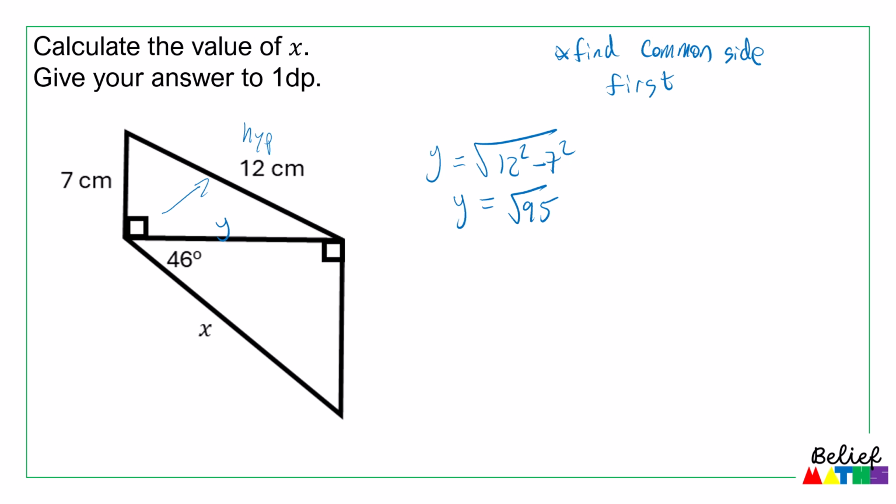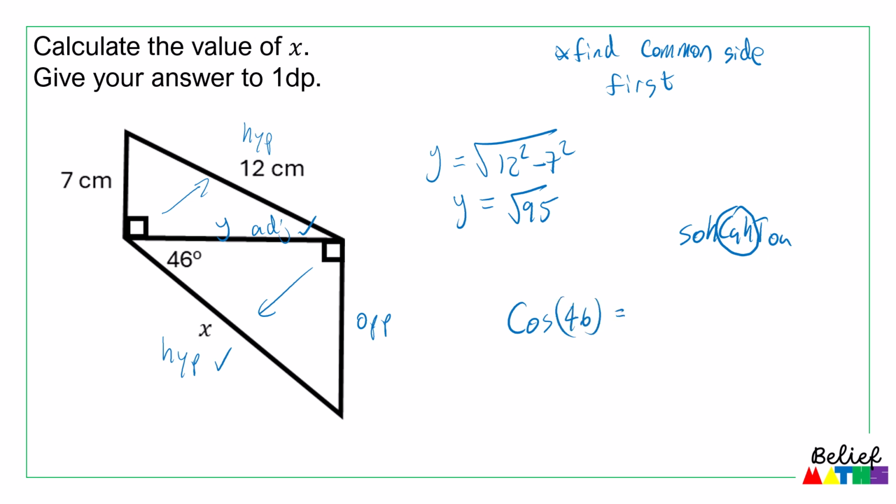Looking at our bottom triangle then, our hypotenuse is x, our opposite is this side, and our adjacent is that value of y. So we're using SOHCAHTOA here, and we're using the hypotenuse and the adjacent. So we're using cos. So cos of our angle, which is 46 degrees, is equal to the adjacent, which we just worked out as the square root of 95, over the hypotenuse, which is x.